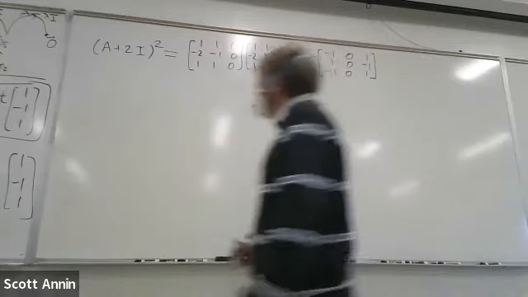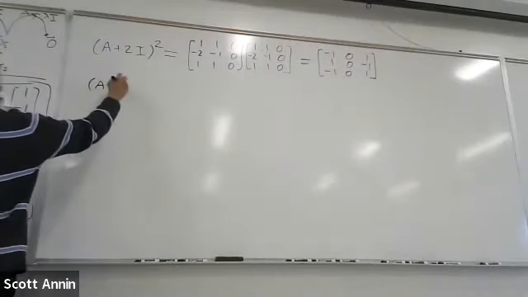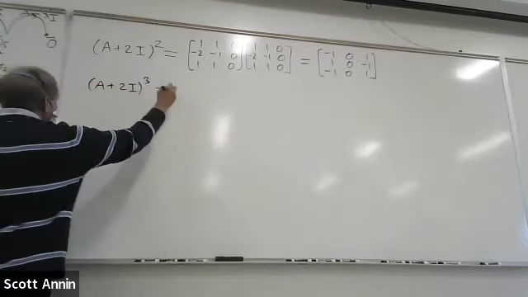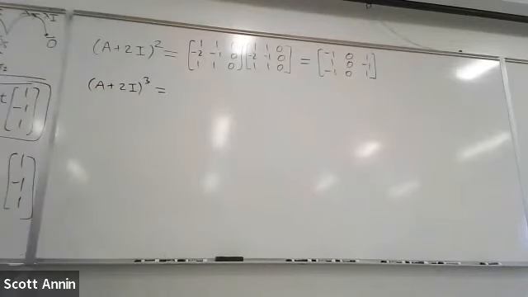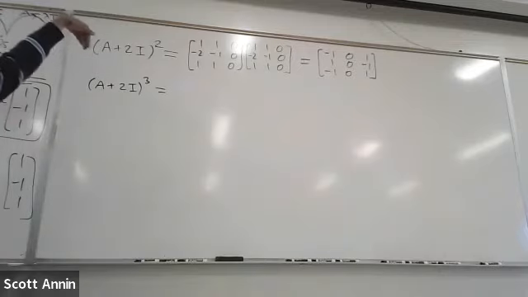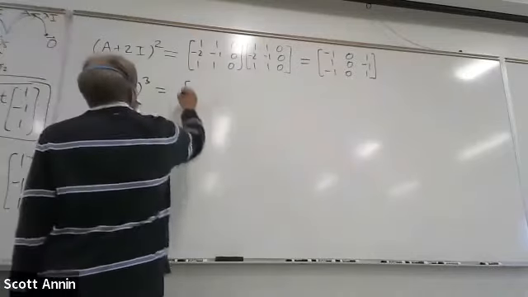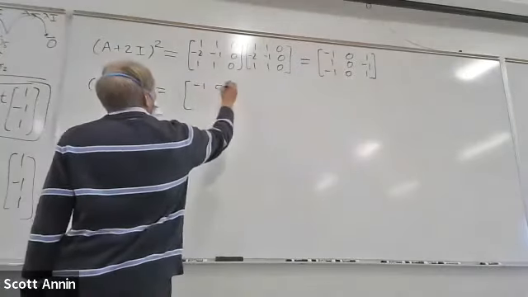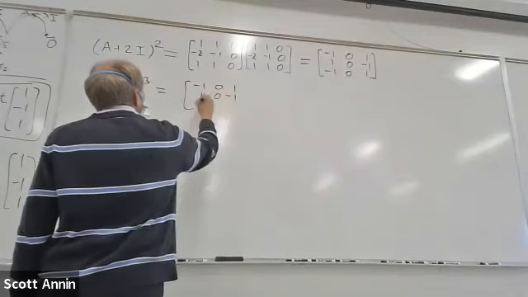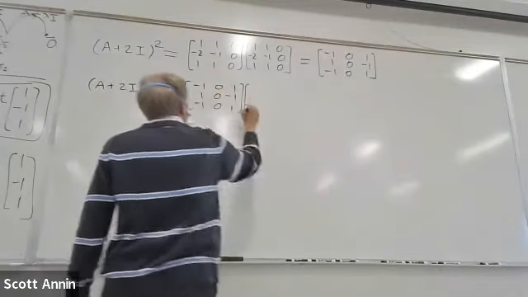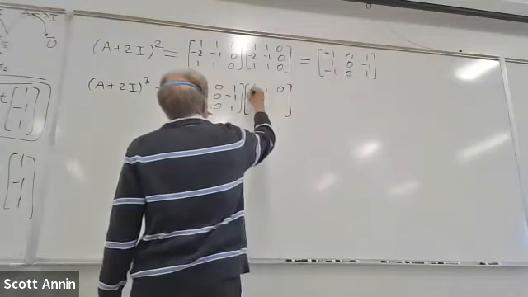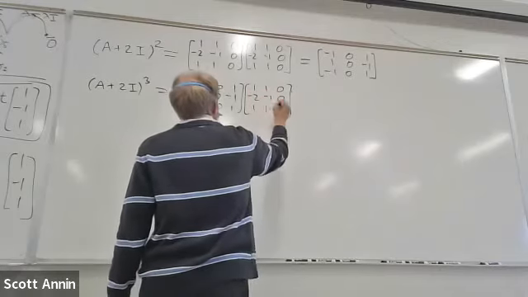Okay, great. And I also need to know what the cube is, only in this case do I need to cube the matrix, but I've got 3 arcs going, right? My picture has 3 arcs, so I'm going to need 3 powers of my matrix. So I can take the squared power that I already worked out, and I just have to multiply one more time by A minus lambda I. So I put that here.